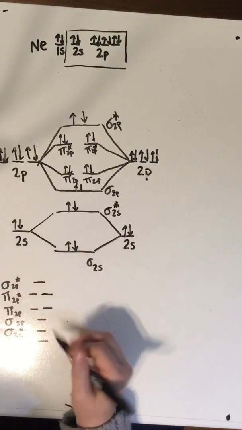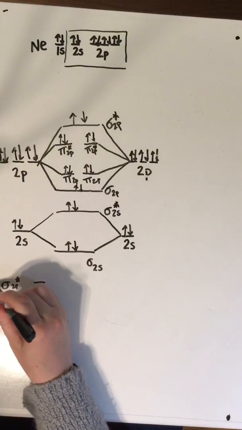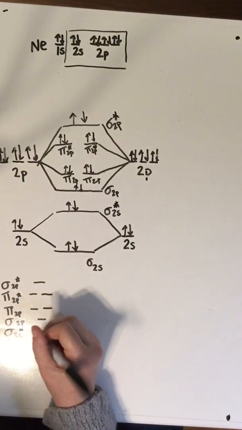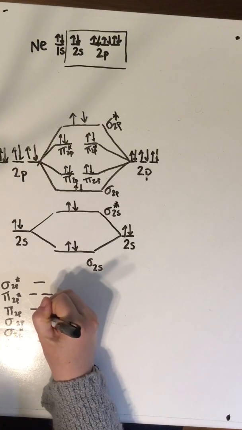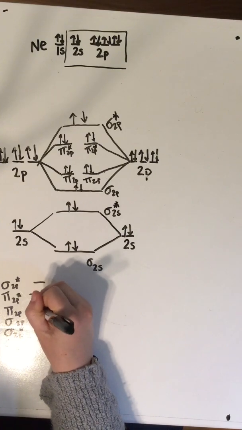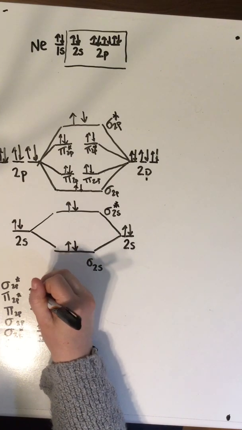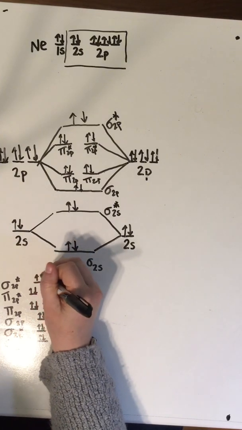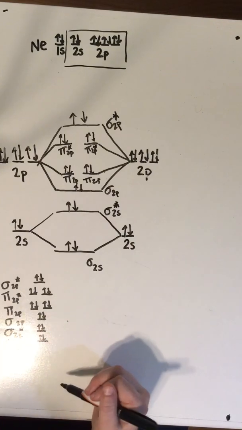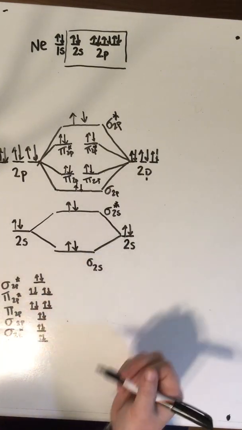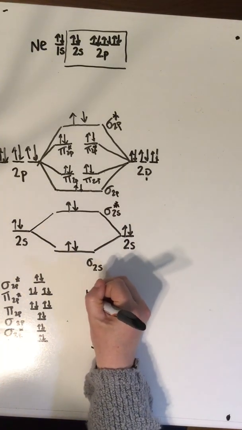So the sigmas each got 1, the pi's each got 2, and then we fill in our electrons based on the fact that energy is increasing in this direction. So that's 1, 2, 3, 4, 5, 6, 7, 8, 9, 10, so there we go. Total of 16 if we include the S's and the P's in all of the sigma and the pi. Based on either one of these diagrams, we can now calculate the bond order.